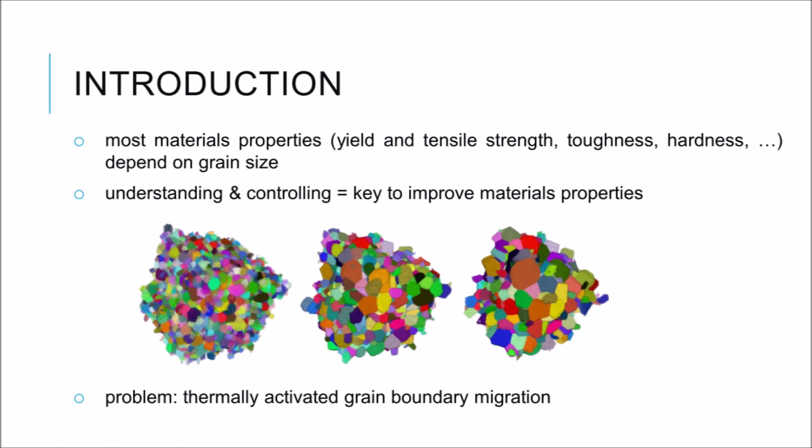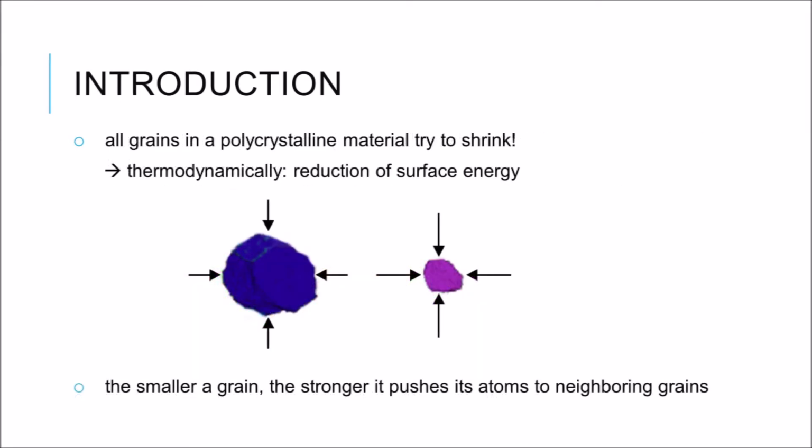And this is a very complex problem, because if you look more closely, you will realize that all grains in a polycrystalline material try to shrink. From a thermodynamic viewpoint, it simply reduces their surface energy.